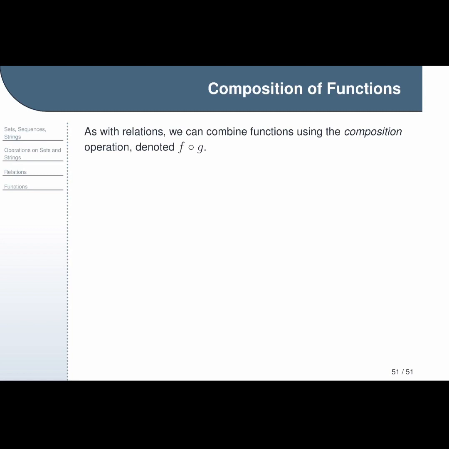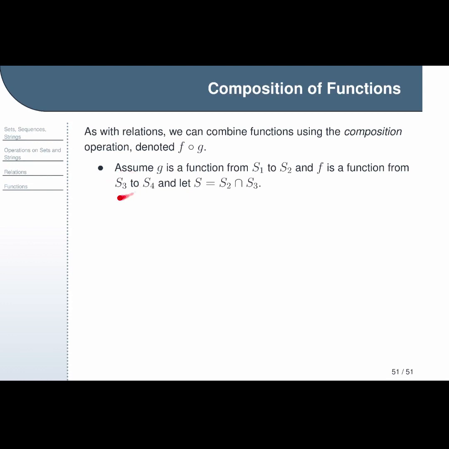The first thing we need to do when defining the composition of f and g is to come up with some names for the sets that f and g map from and to. So we'll start with g, and we say g is some function from the set S1 to S2, and then we say f is a function from some set S3 to S4, and then we assume that S3 and S2 have some kind of overlap, and we express that as their intersection.